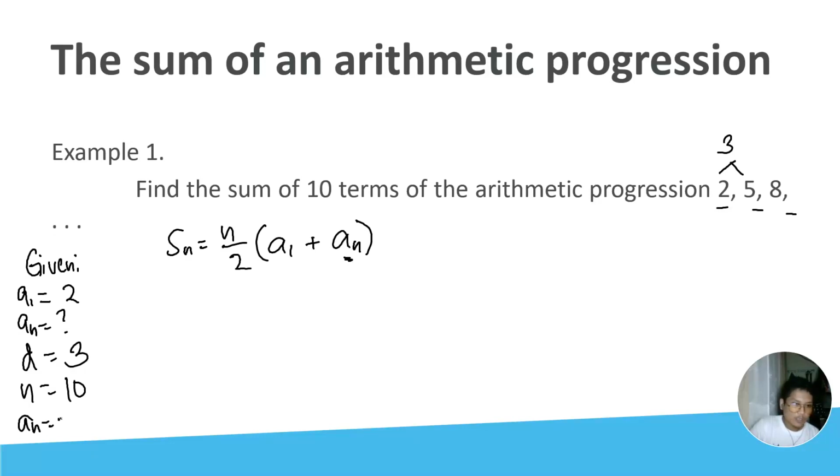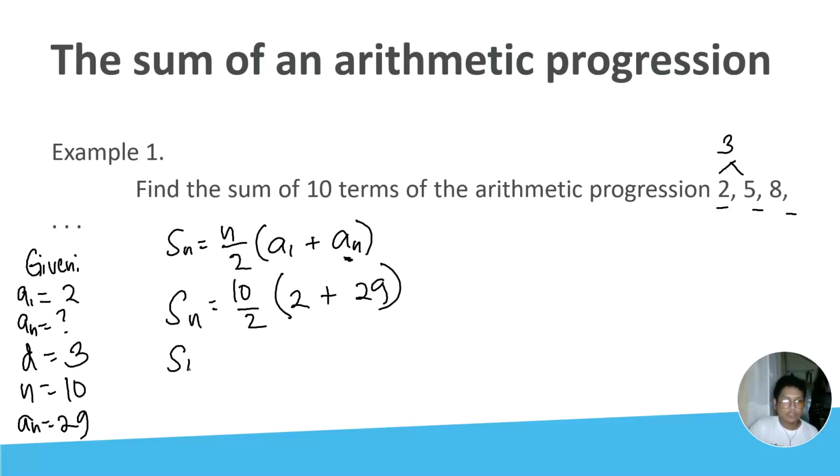Tama? 29. So, substitute natin sa formula, we have 10 over 2 times 2 plus 29. So, the sum of 10 terms is 5 times 31. 5 times 31 is 155. Yan.